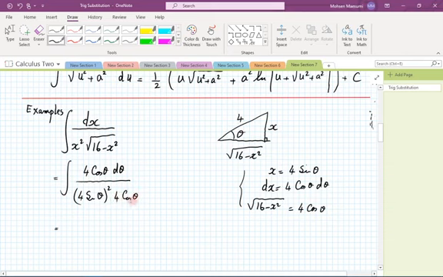The 4 cosine and 4 cosine cancel out. 4 squared is 16, and this becomes d theta over sine squared of theta. Of course, what is 1 over sine squared? Yes, that's equal to cosecant squared of theta. Well, what's the antiderivative of cosecant squared?